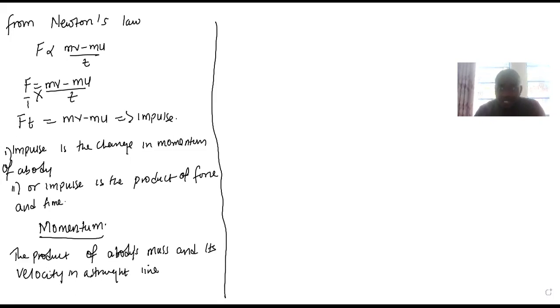Can you state for us the principle of conservation of momentum?